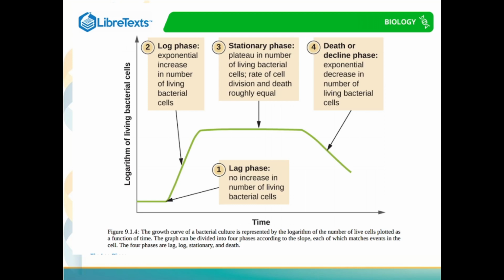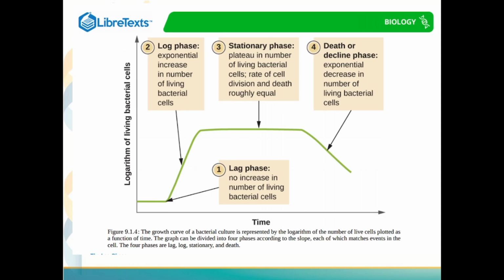And then the third one is the stationary phase. The stationary phase is often due to a growth limiting factor such as a depletion of an essential nutrient. That's why it has a plateau in the number of living bacterial cells, and the rate of cell division and death is roughly equal. And the last one is the death phase.